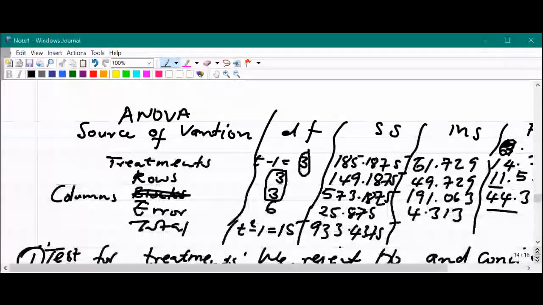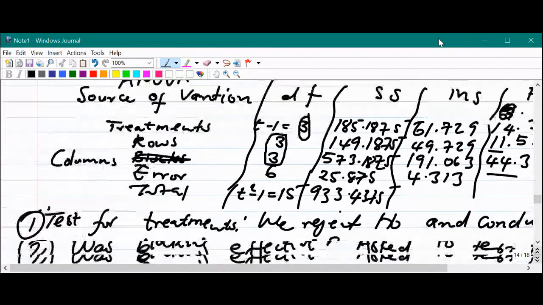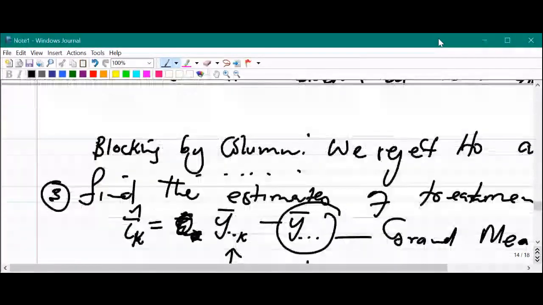Now remember this chapter that you covered with Mr. Delvaux: it is possible that you can be given a problem with a missing observation. You can be given a Latin square design with a missing observation.